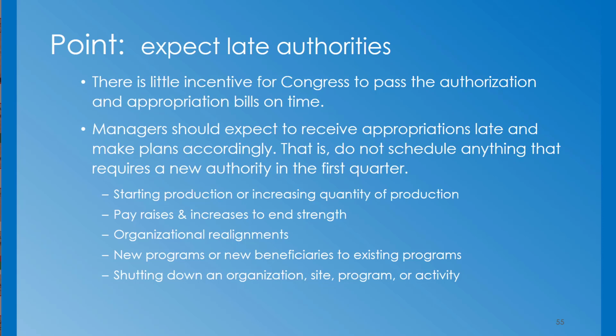Those things that require new authority include starting production or increasing the quantity of production, pay raises or increases to the number of people that we have, changing organizational relationships, new programs or new beneficiaries to existing programs, or shutting something down. All typically require congressional authority.